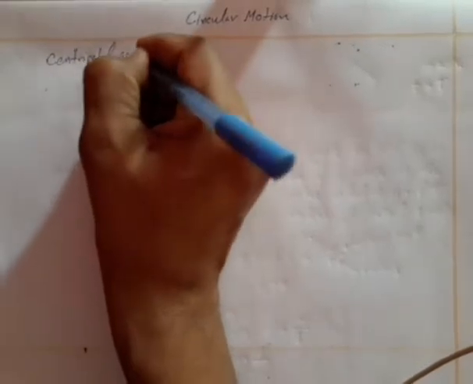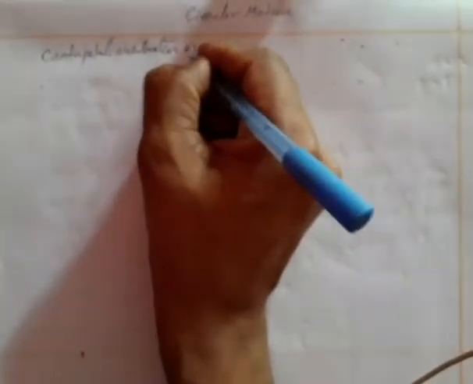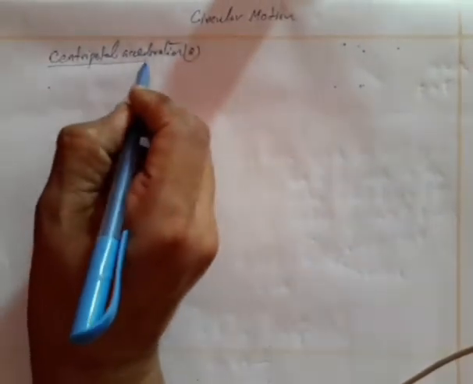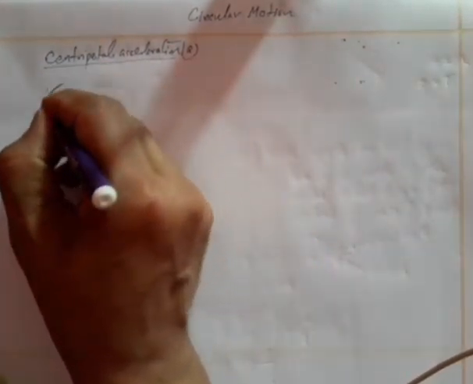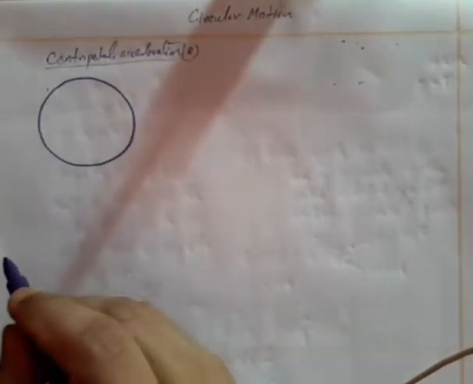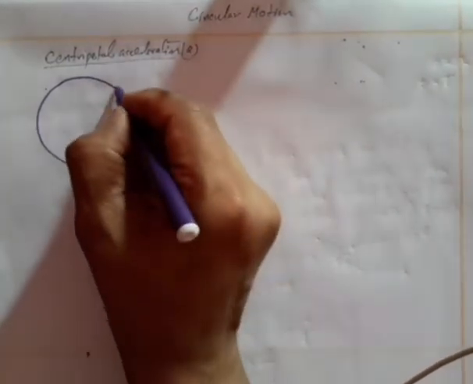Now we are going to explain centripetal acceleration. The symbol is a, small letter a. To explain this, again we are drawing a circle and considering an object is moving around the circle.